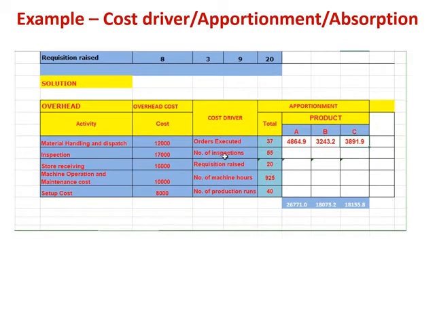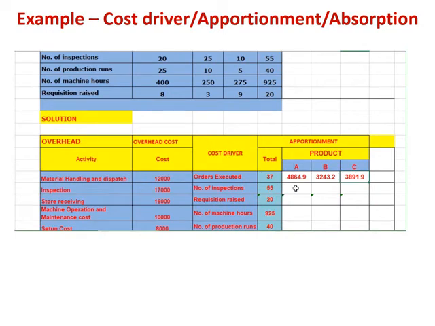So for the inspection, for A it will be 20 divided by 55 into 17,000. Now for product B, the apportioned value is 17,000 into 25 divided by 55. Hope you're getting the same answer. Similarly, do it for the others and check.